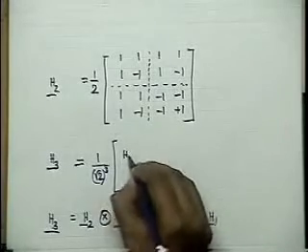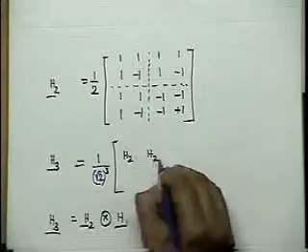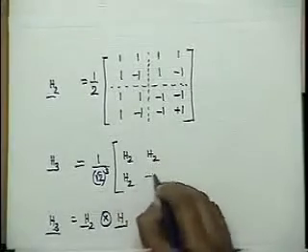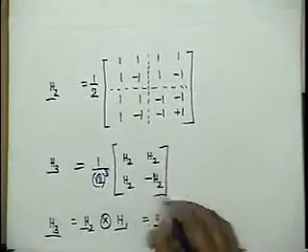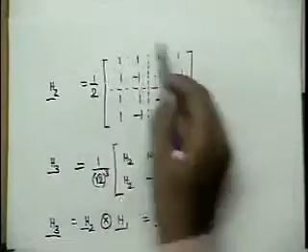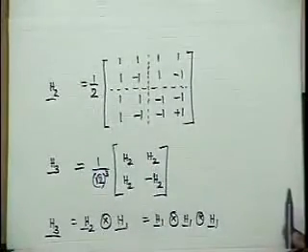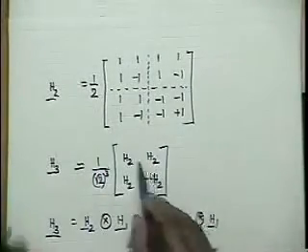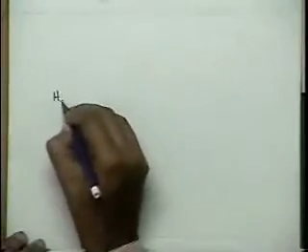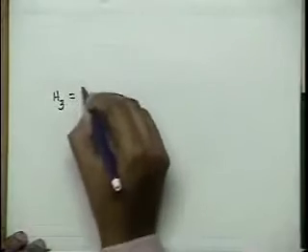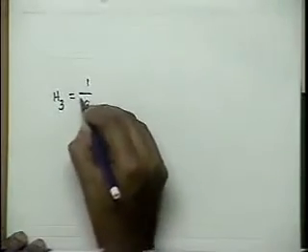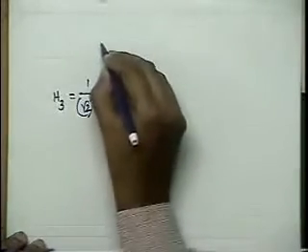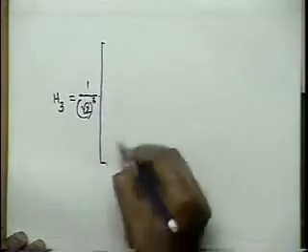So what do we get in these elements? Simply H2, H2, H2 and minus H2. H2 matrix is known to me now, so I will simply write down the elements of the H2 matrix. So I get H3 as 1 upon root 2 cube, and you can try yourself.